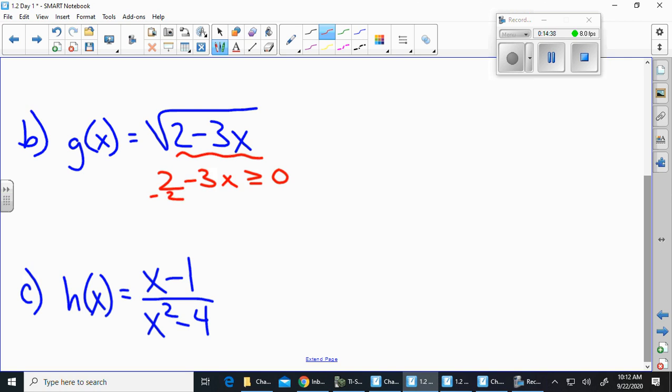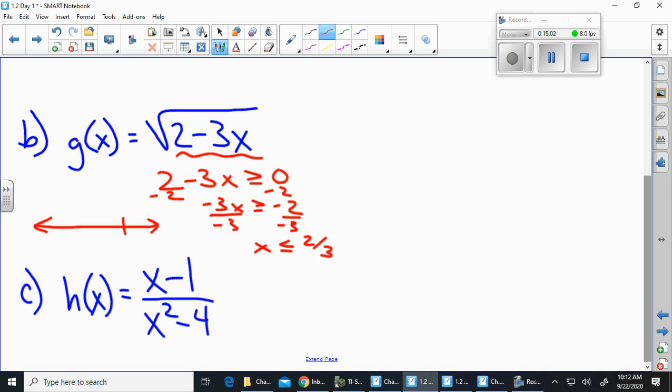Solve that, and be careful when you solve that, because if you divide by a -3, that switches the inequality. So what's that saying to you? I can put in any x less than or equal to 2/3.